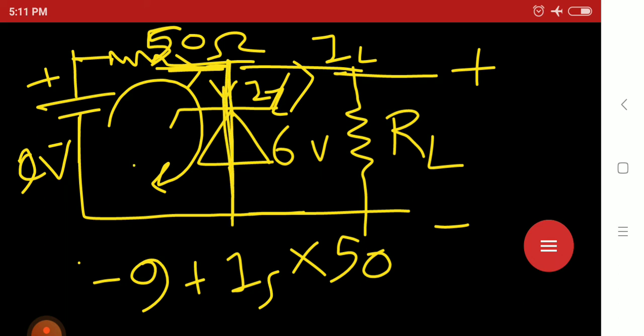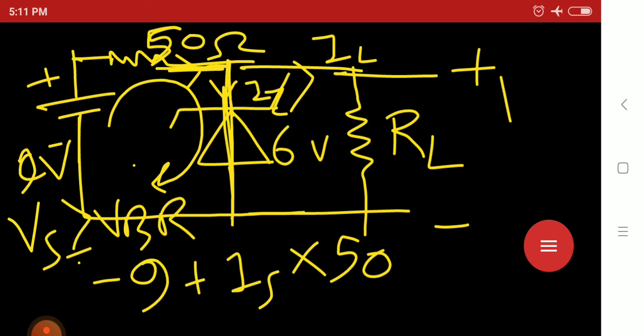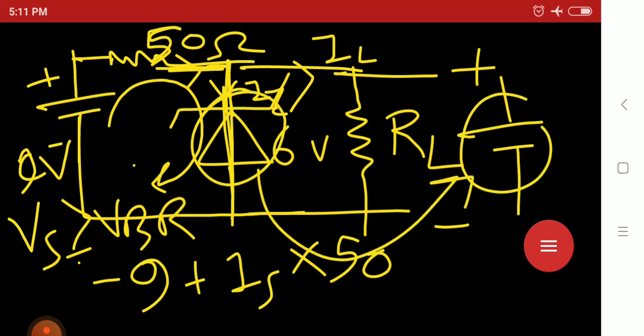Whenever input Vs is greater than or equal to VBR, the Zener acts as a 6 volt battery.